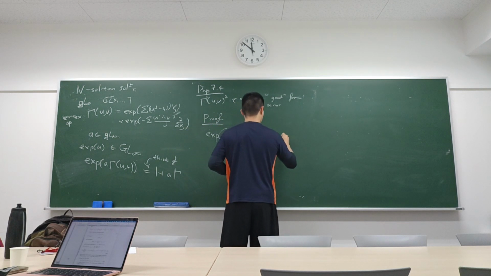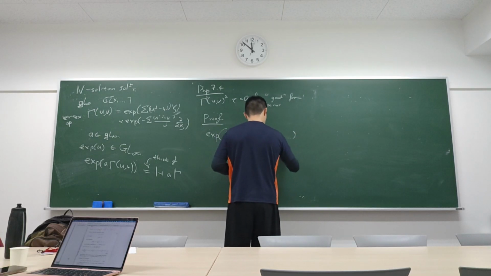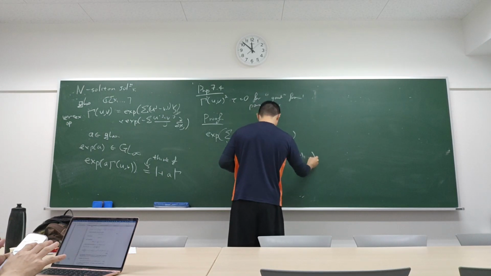This gives tau(x1, x2). This gives you tau(x1 plus lambda 1, x2 plus lambda 2), and so on.